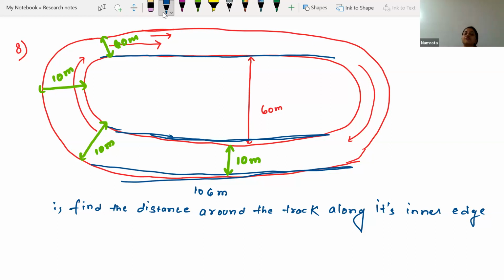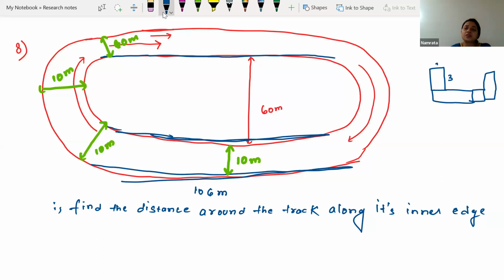So here we have to find the perimeter of this total path. But how will we find the perimeter? When the perimeter concept was not introduced to you, in lower classes, have you done this type of question where this type of shape used to be there? Like a building kind of structure, a building block kind of structure.